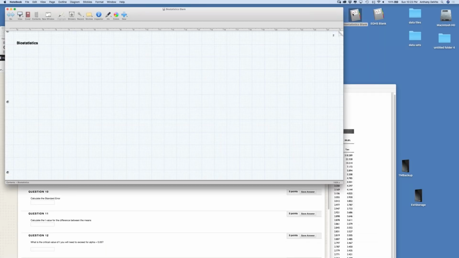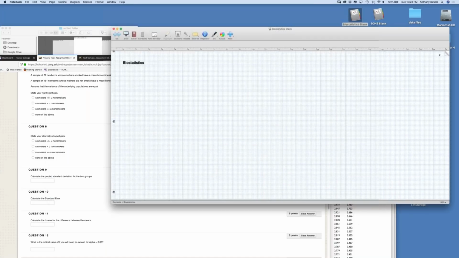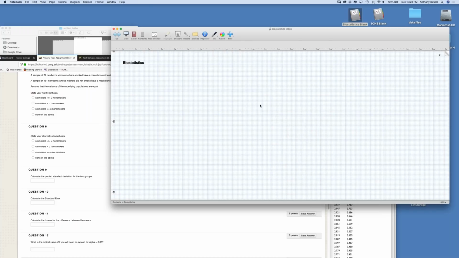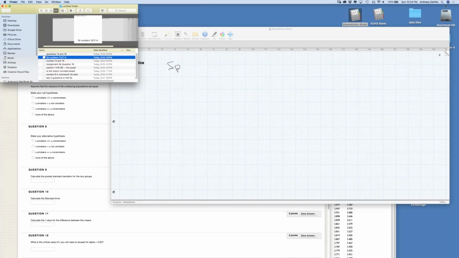Okay, let me just do that one first. Okay, remember what the pooled standard deviation was. Pooled standard deviation. Well, let me pull up that sheet that I gave you for that. I think I call it t-test variations.